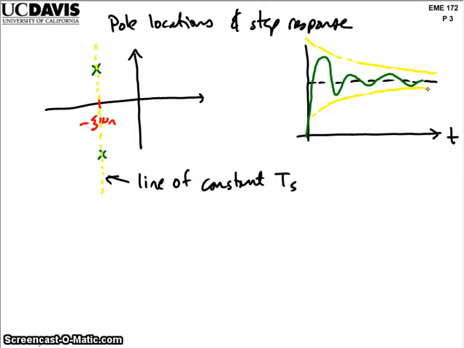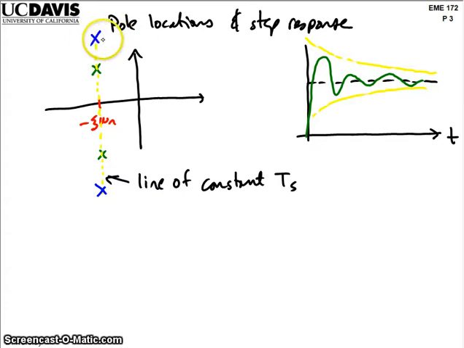If I have another pair of poles that's on this line but further up, the way you can think about it is if I draw a line from the origin to here, that distance is omega n. Clearly these are at a greater distance, so this pole is going to have a higher frequency.